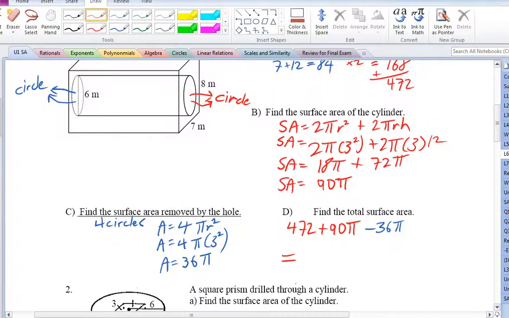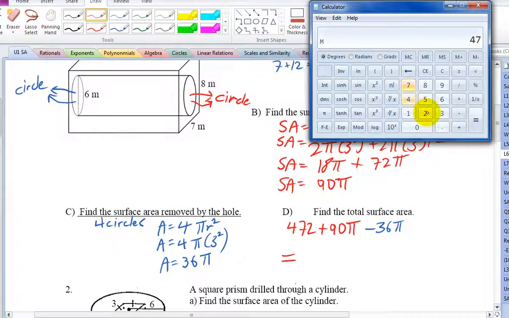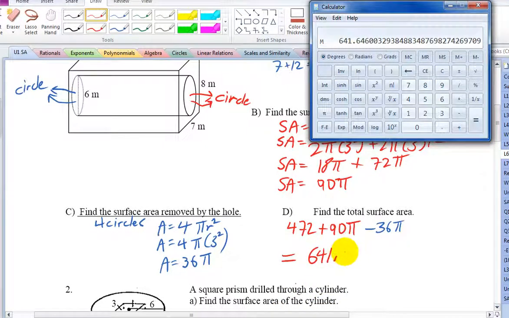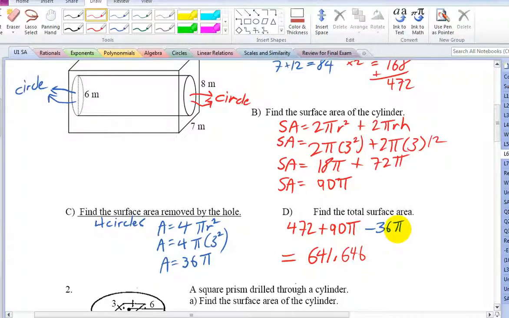Let's round to 2 decimals. So final answer, 641.65 meters squared.